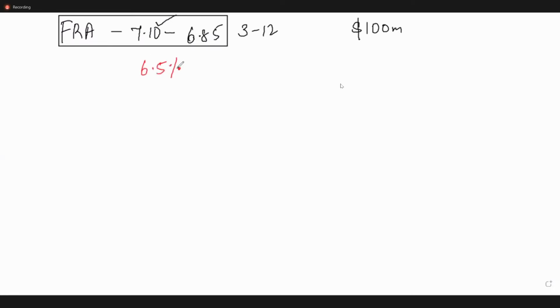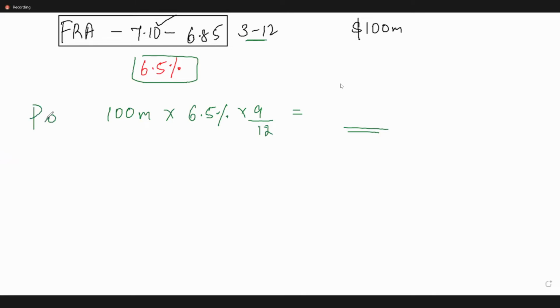It came down to 6.5%. So how will you do such sums? First, 100 million. How much is the interest rate? 6.5%. But this is for the whole year. What is your duration? 9 months. So into 9 by 12. What's your answer? How much interest are you paying?